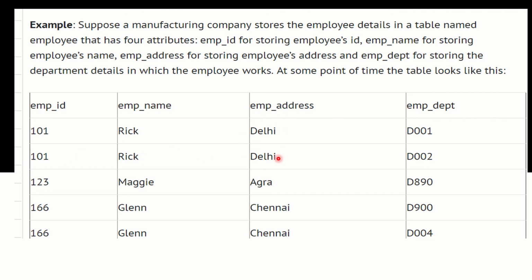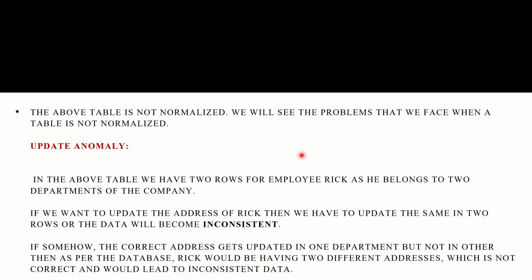When we check the second row, if we have not made the updation there, it will be Delhi. So one address of Rick will be Mumbai and the other address will be Delhi, which will make the data inconsistent. We will be confused about which is Rick's correct address. That type of problem is called update anomaly.